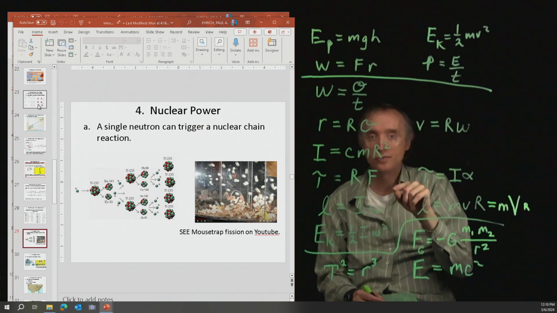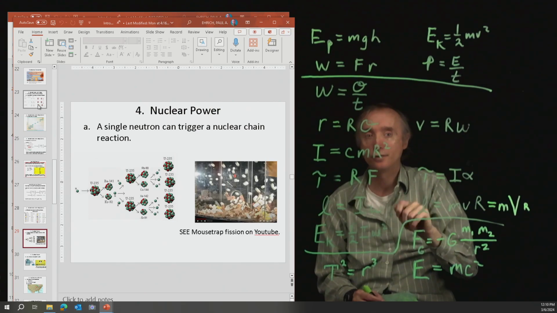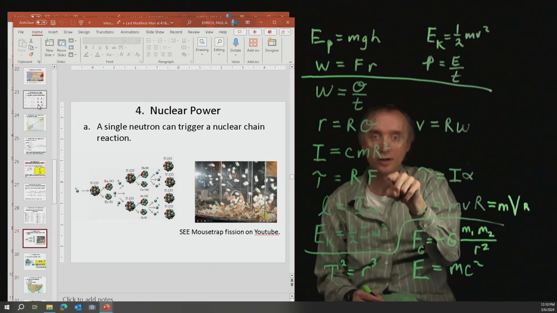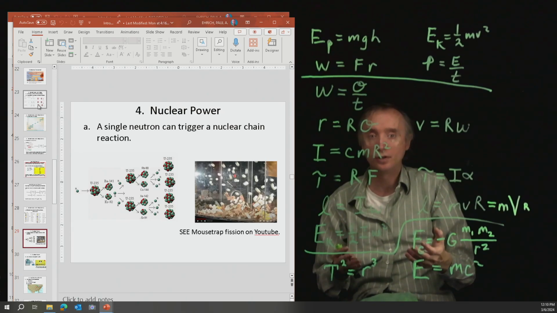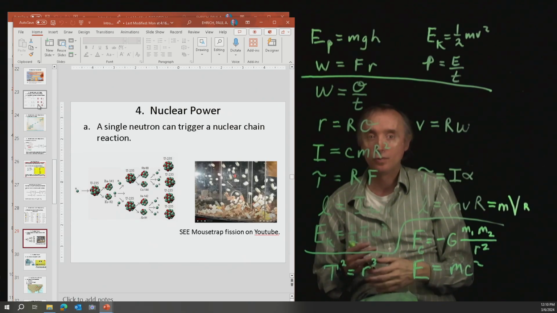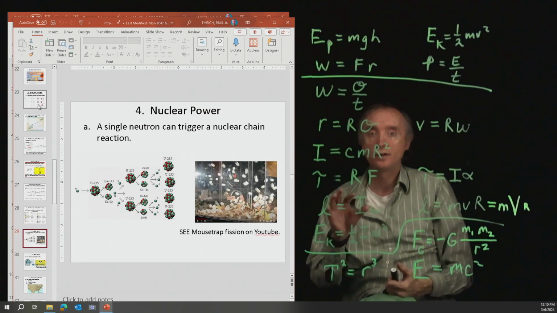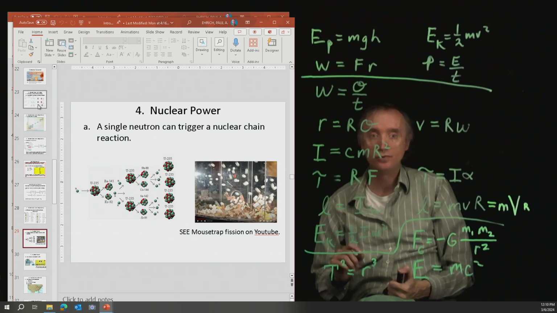And each of those three neutrons can trigger another nuclear reaction. So if this was what was going on and you didn't capture some of those neutrons, then you would have a runaway nuclear reaction, which is bad. So what we want is a method of controlling those neutrons.